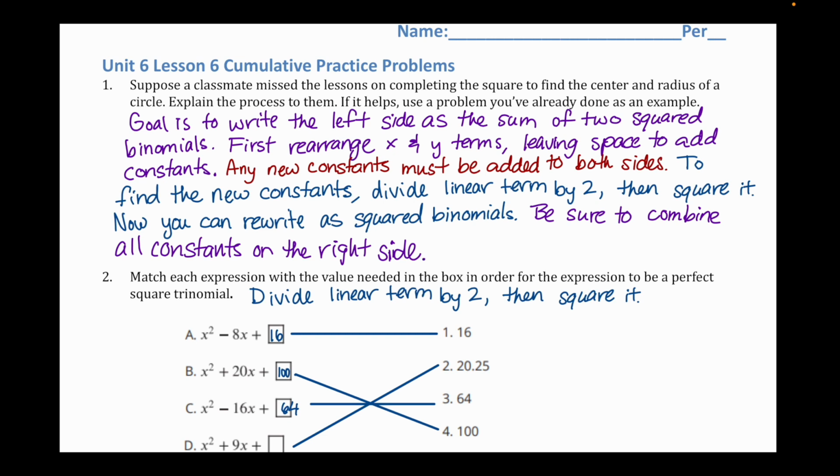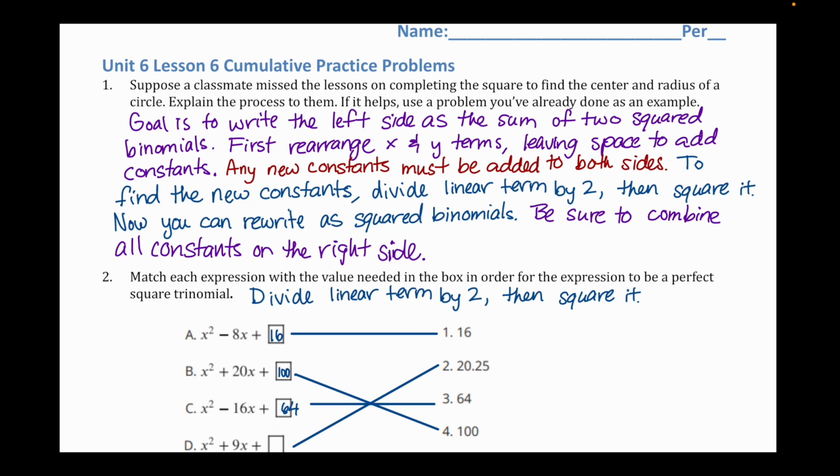Okay, so the goal is to write the left side as the sum of two squared binomials. So first rearrange the x and y terms, leaving space to add constants. Maybe I should have said add constants to each. And then any new constants have to be added to both sides. To find the new constants, we would divide the linear term by 2 and then square it. And now you can rewrite them as squared binomials.